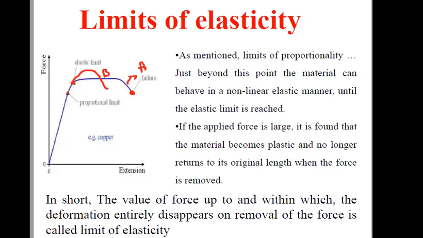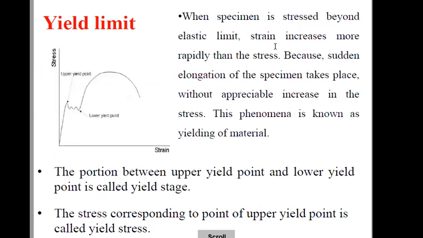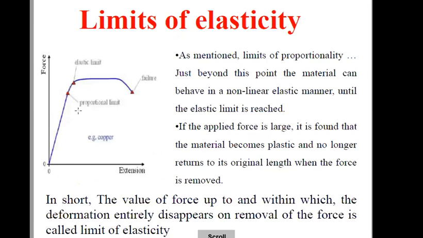A is more ductile as compared to B. So A is ductile and B is brittle. Different objects will have different curves of stress and strain, but we will talk about this basic one only.